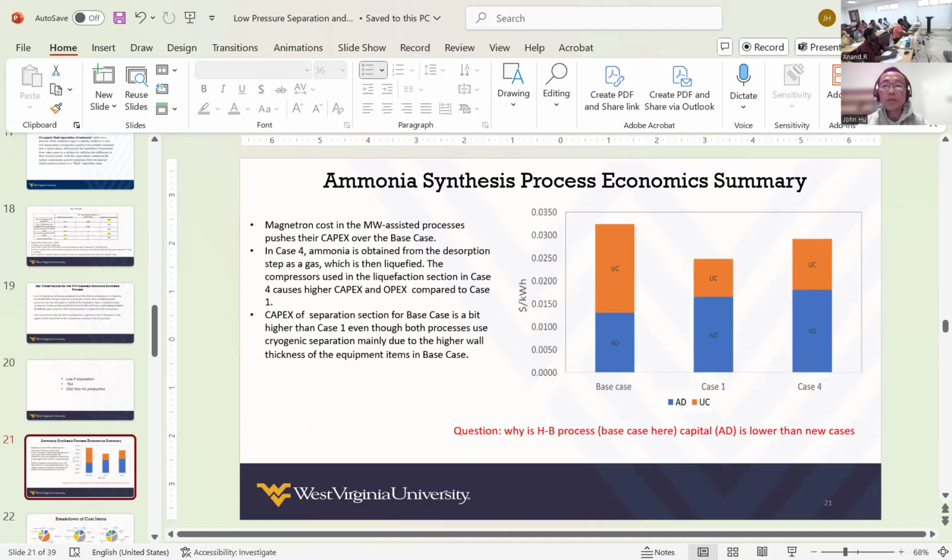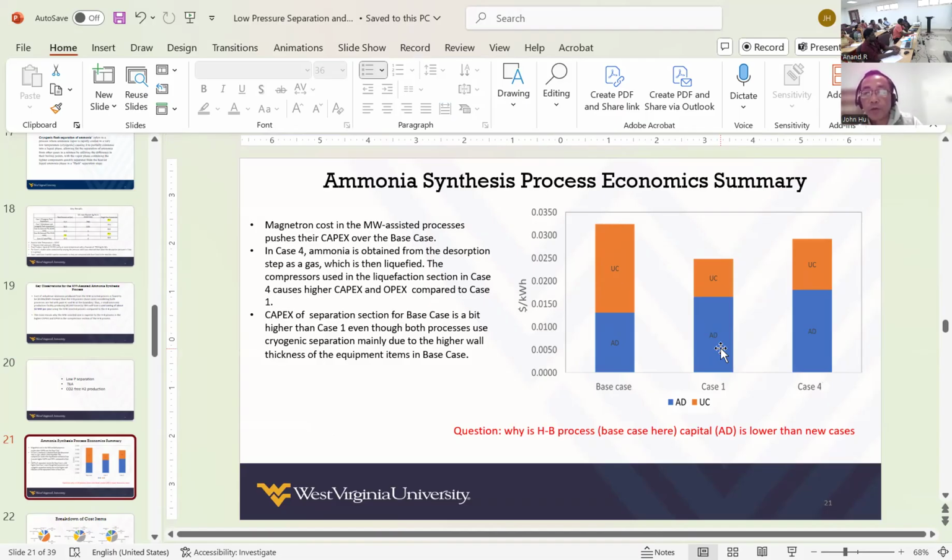There are different cases, and all the cases are related to the baseline, the Haber-Bosch process. Case 1 is microwave production using low pressure separation.